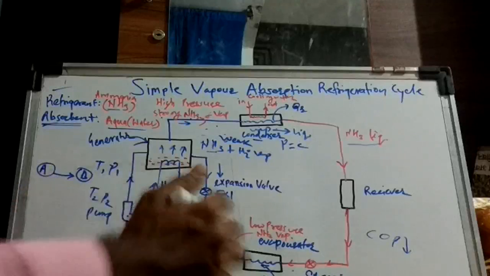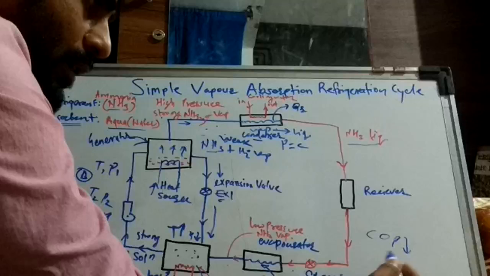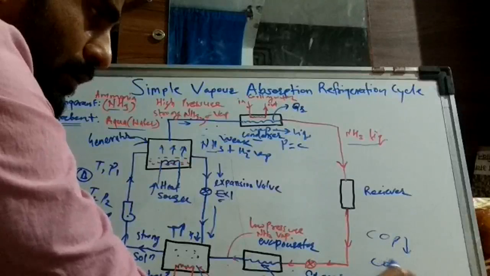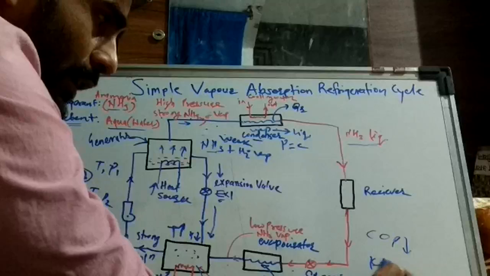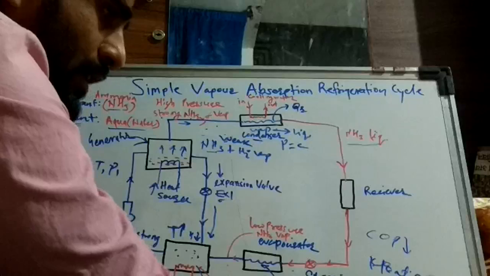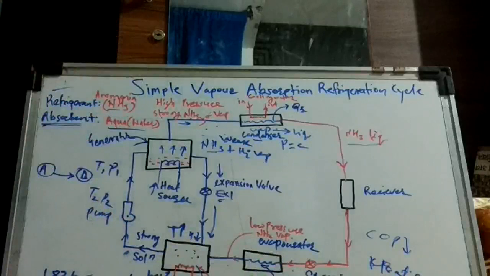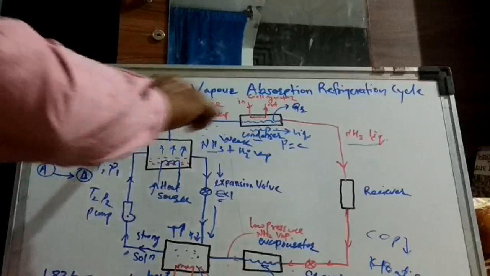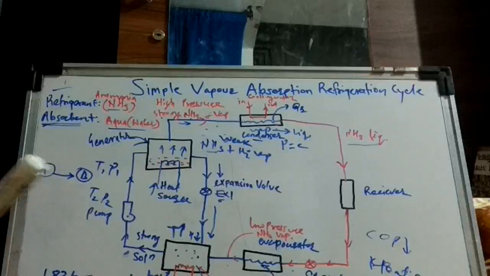But again, we can use heat energy here, and that is the advantage of the simple vapor absorption cycle. Many plants use this vapor absorption refrigeration cycle for chilling of water for industrial or domestic purposes. Okay, thank you.